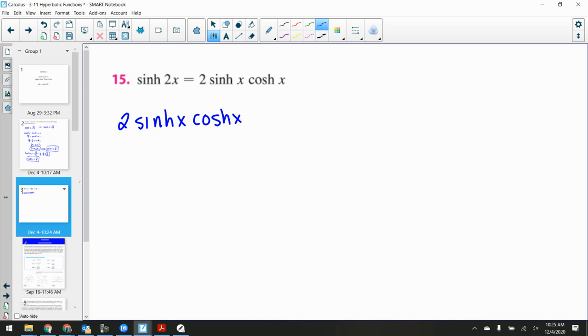Start by taking sine and cosine as their definitions. So e to the x minus e to the negative x over 2 times e to the x plus e to the negative x over 2.